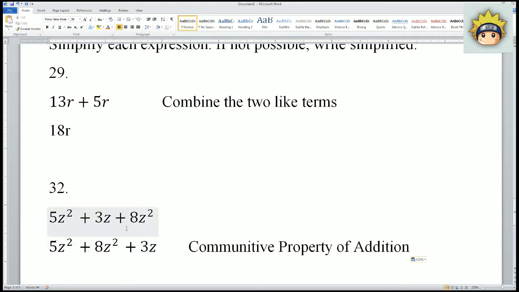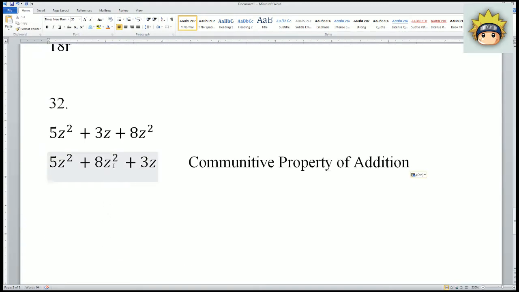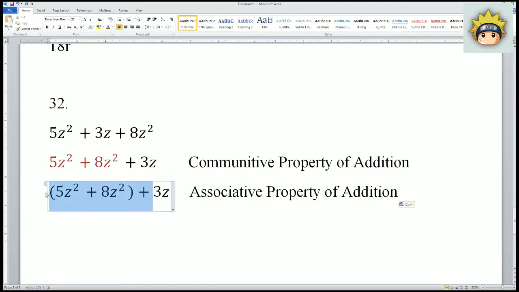The reason why I rearrange it is because these two look very familiar. This is z squared and this is also z squared. So I'm going to apply the associative property by grouping them together.